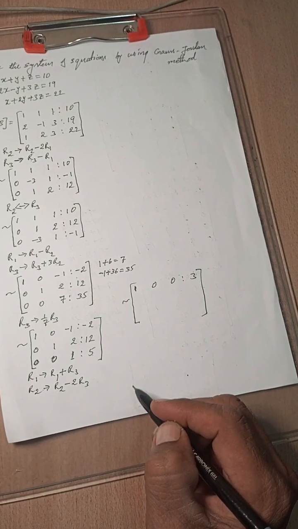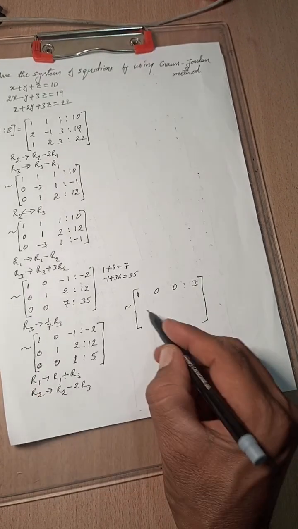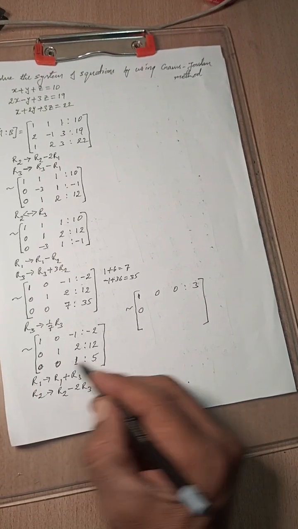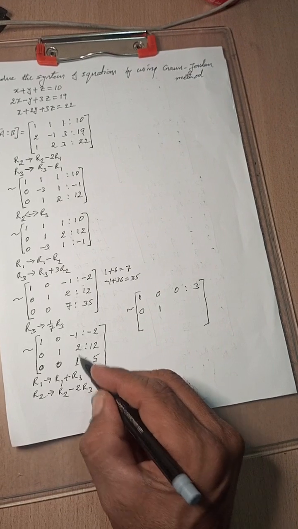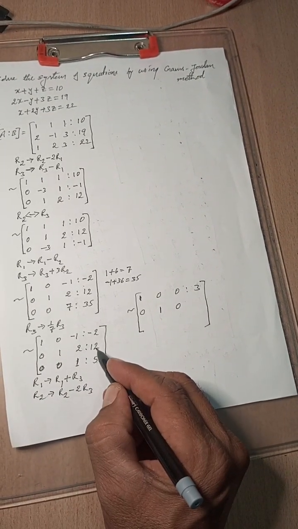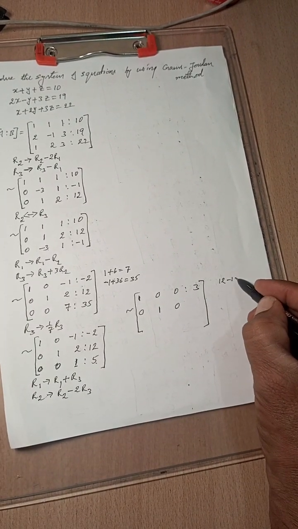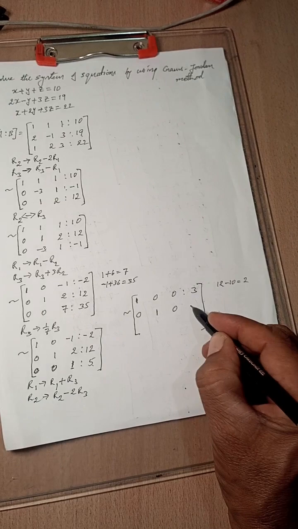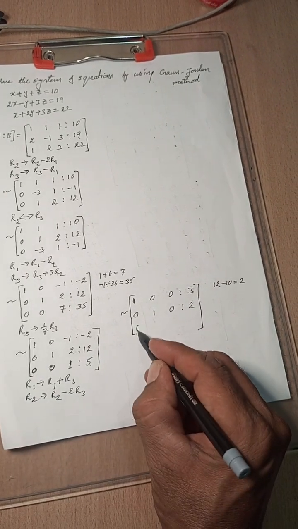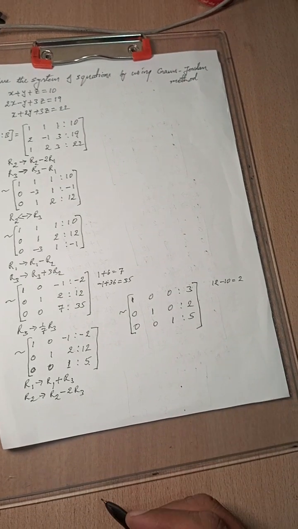Next, second row also we change as R2 minus 2R3. 0 plus 0 is 0. 1 plus 0 is 1. 2 minus 2 is 0. 2 minus 2 is 0. 12 minus 10 is equal to 2. And the last row has no change; we keep the third row as it is.